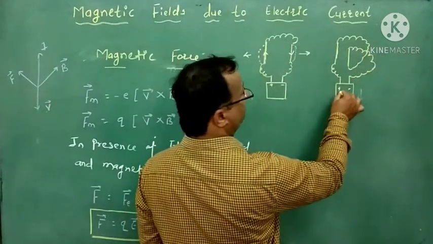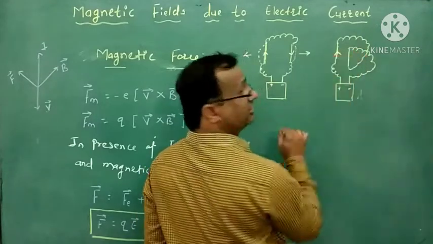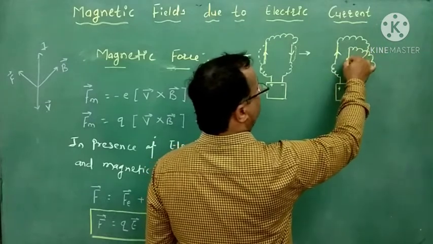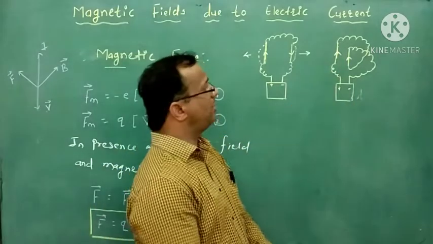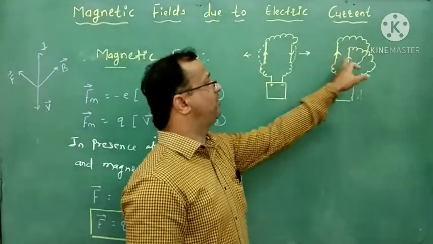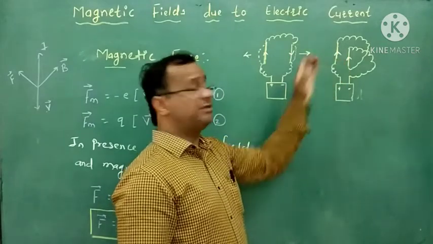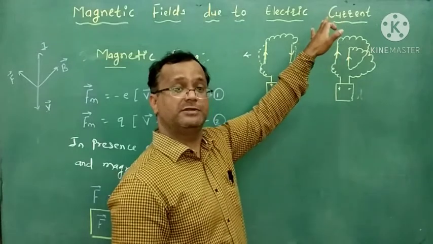Now here the current is flowing from positive towards negative. It means that along this direction, right? The current comes along this direction. Here again we get this one, right? Now see here, these are the two conductors. This is the first one and this is the second one. Here through both the conductors, the direction of flow of current is the same, that is upward. Right?